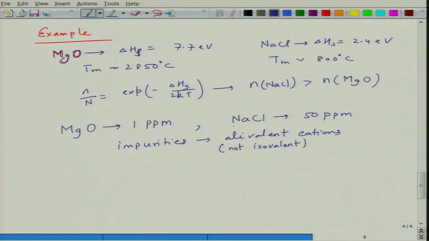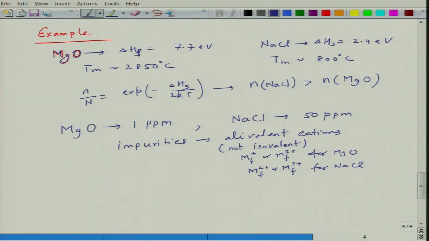So, both of these are M2 plus. So, it could be MF plus or MF 3 plus for MgO. And for NaCl it could be MF2 plus or MF 3 plus.